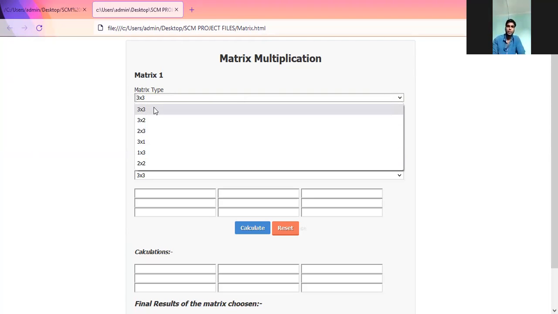Coming to the matrix multiplication, there are many types to give, like 3 cross 3, 2 cross 2, and so on. We will give the input values in the matrix.